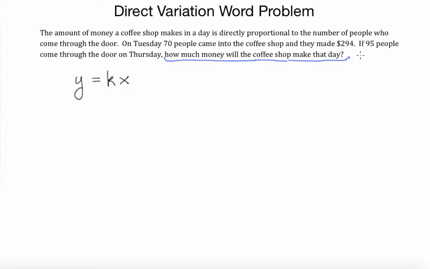So let's start to interpret what we know here. We know that 70 people came and they made $294. So it looks like in my variables, if I want to define what my relationship is, I'm going to let x be the number of people that come, and I'm going to let my y variable be the amount of money, the money made that day.